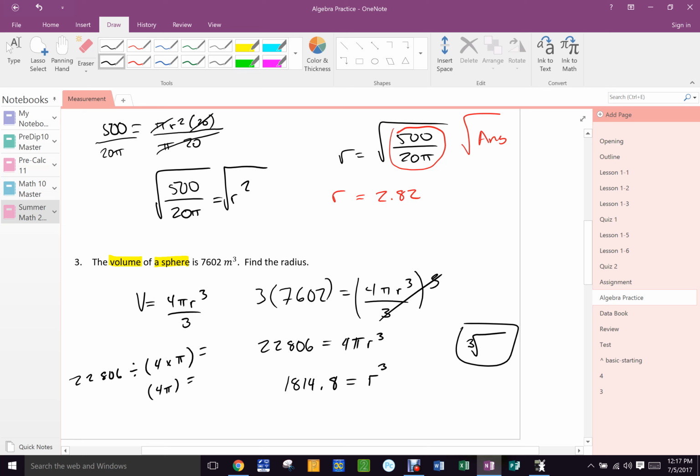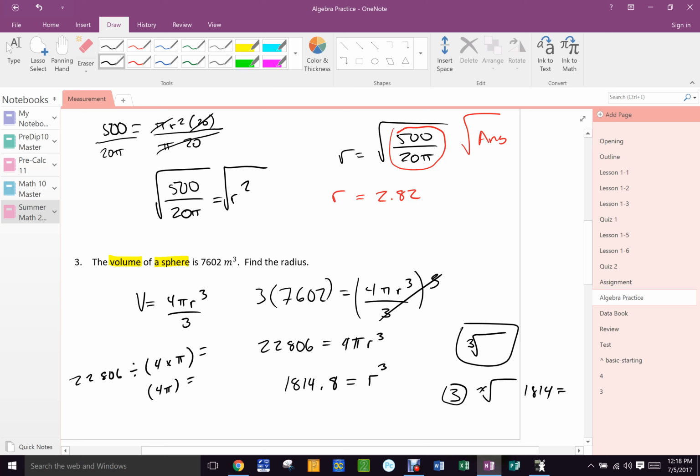Now, just look around on your calculator. If you have this 3 with the square root sign, go ahead and try to use it. If you have an x root button, then you would go 3, and then that x root button, and then 1814, and then equals.